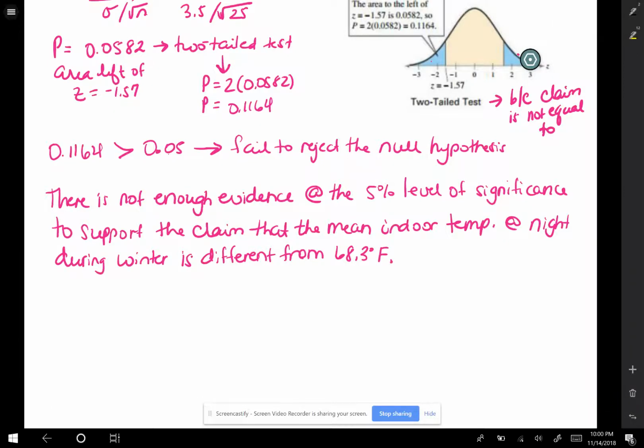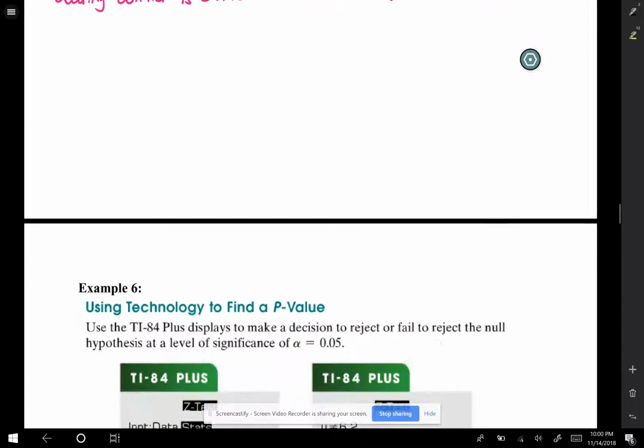And of course, that's for U.S. homes with heating equipment. So that's how it would look if you were doing a two-tailed test.